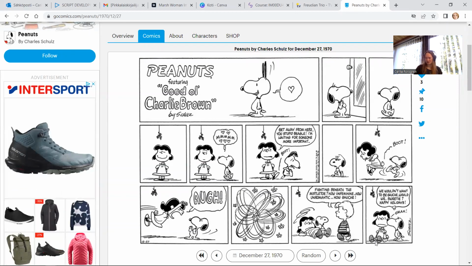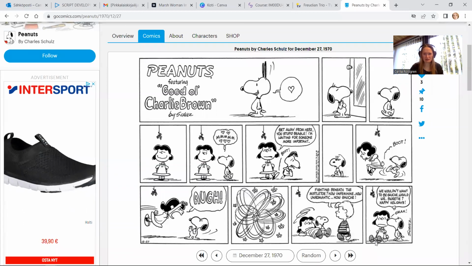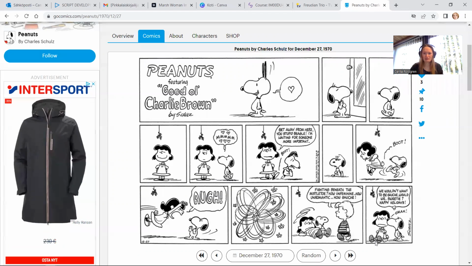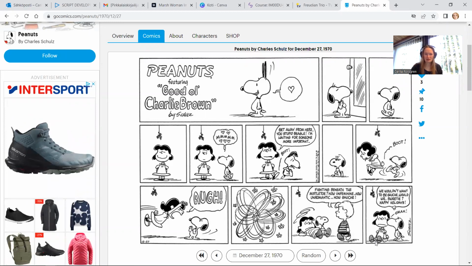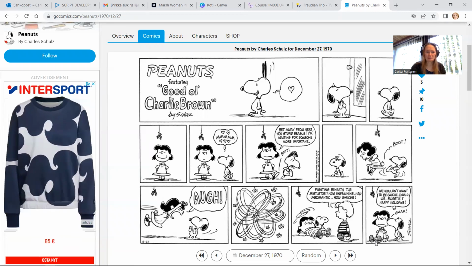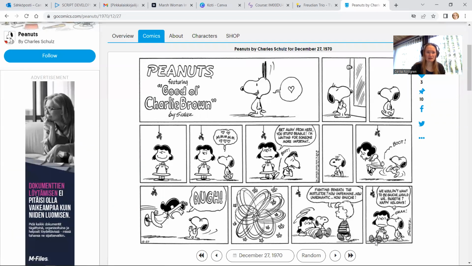The comic is full of these triangles. What you can see here is a triangle: you have Lucy and Schroeder, and then there's Snoopy. All of the characters in the Peanuts comics are put in these strange triangles.